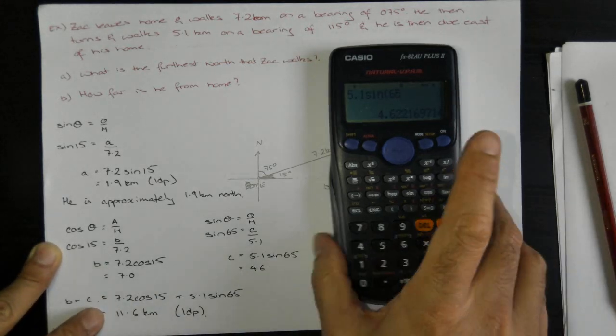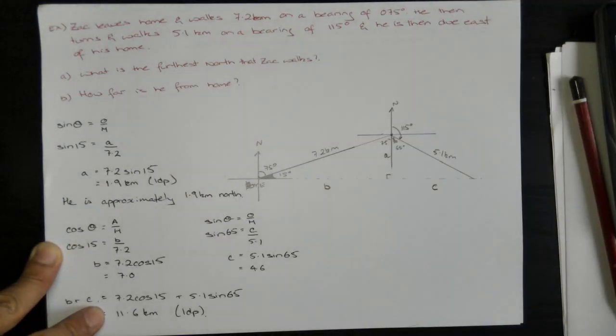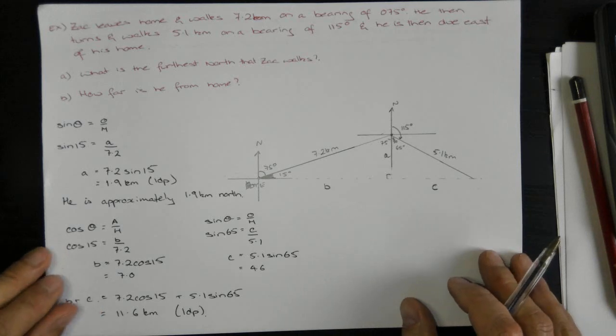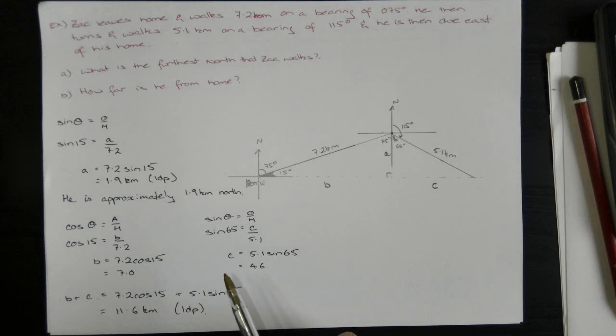Now, if some of you have learnt the cosine rule, there are many ways to find different sides. Here I had to use two right angle triangles if all I knew was right angle triangles.